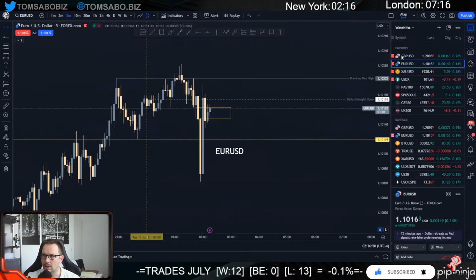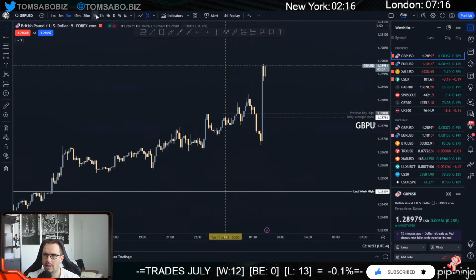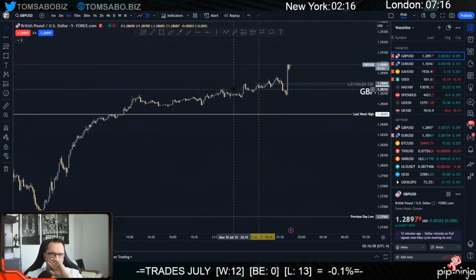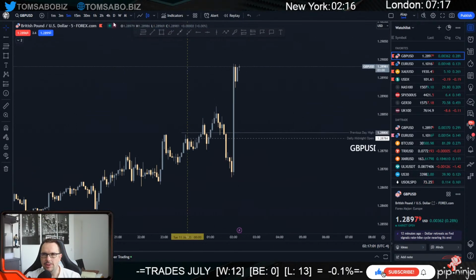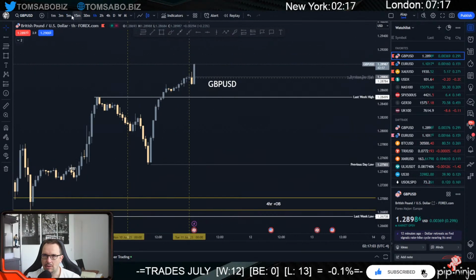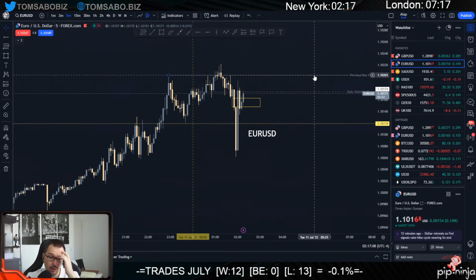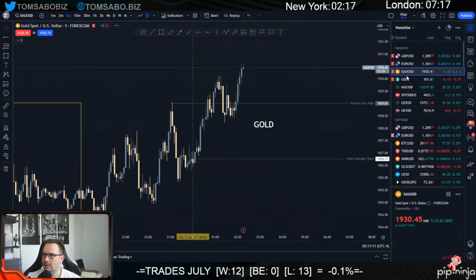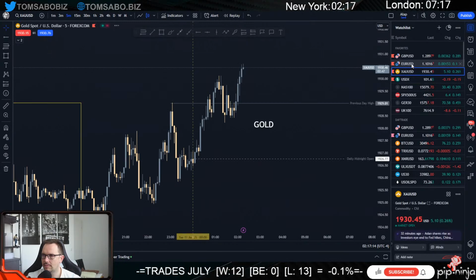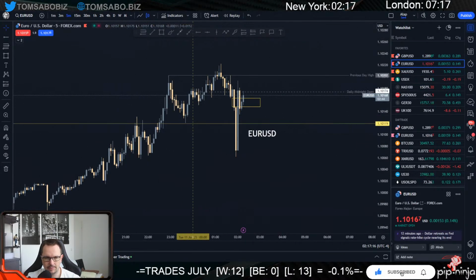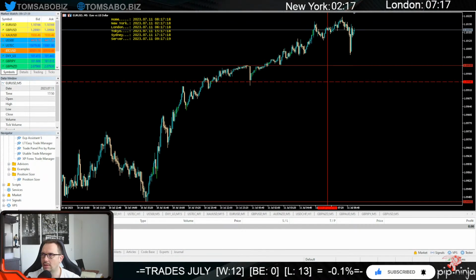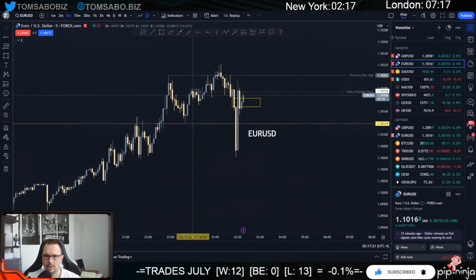The euro is a little bit tricky here. Pound as well. It can retrace back down before it wants to continue up. It can easily make a retracement, but for now we're just waiting, not doing anything. So that's it. Yeah, nothing extra. Just waiting, guys, just waiting.